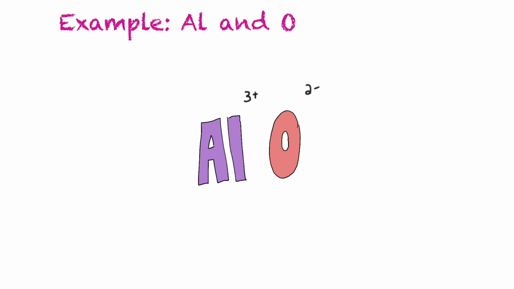And then we're going to cross those charges down like so. So we'll rewrite this to be Al2O3. And in this case, we can't reduce those charges. We can't reduce the formula at all. That is the formula, Al2O3.